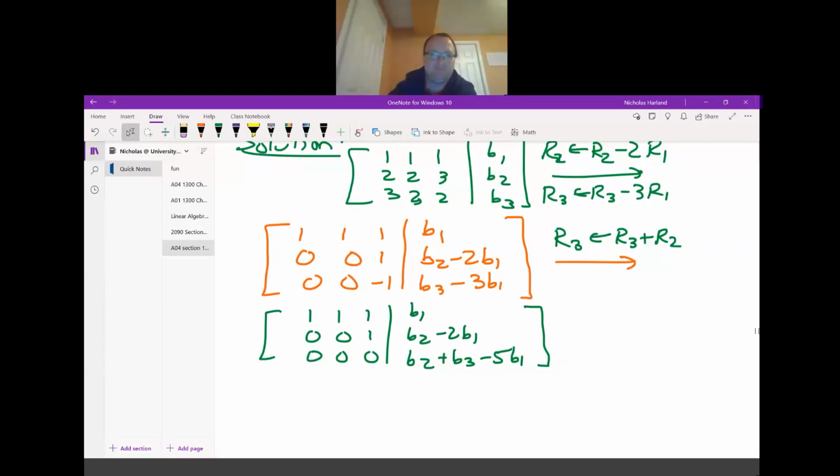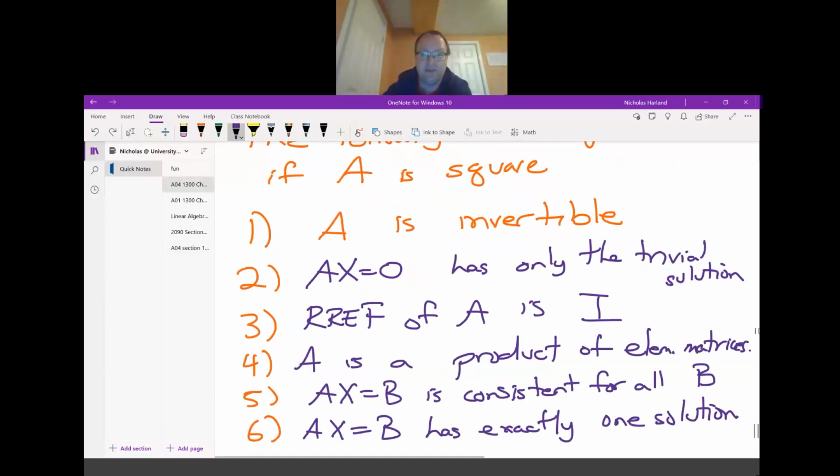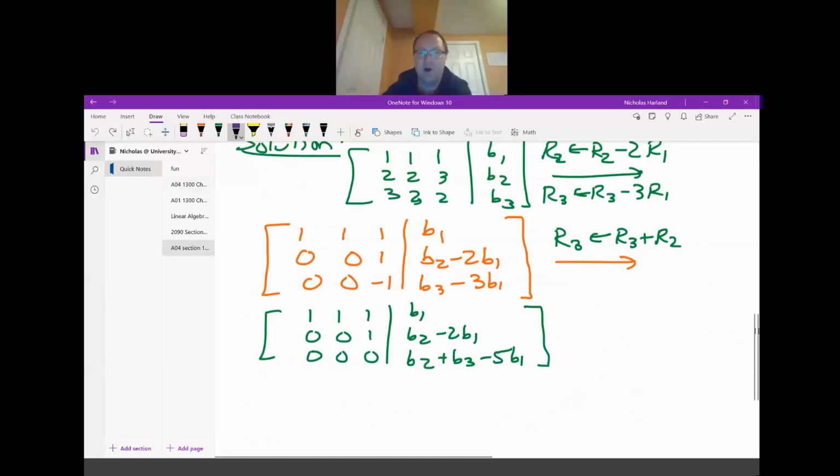All right. Here's our row echelon form of the original matrix. We get a row of zeros, so it can't row reduce down to the identity. So right from there, that's one of our equivalent statements, that the reduced row echelon form of A is not the identity, which means the matrix isn't invertible, it's not consistent for all B, and all of these statements are false.